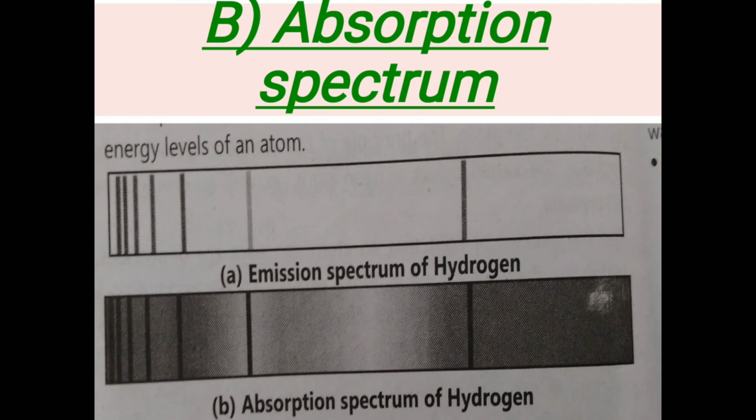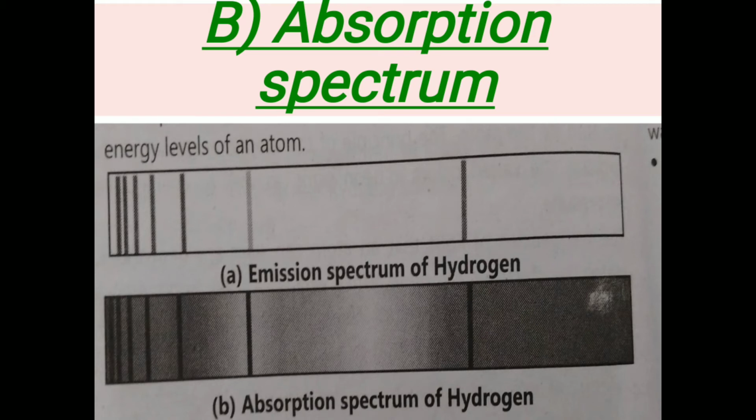When white light is passed through hydrogen gas, it is found to absorb light of certain wavelengths. White light is made up of all the different wavelengths of visible light put together. In the absorption spectrum, there will be gaps.